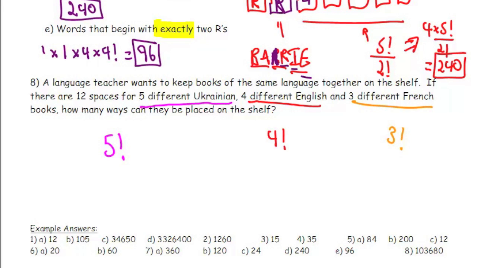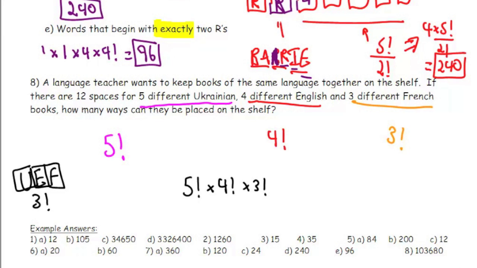They are distinguishable. So there's 5 factorial ways of arranging those. And if we take a look at our English books, and we'll make those red, there are 4 factorial ways of arranging those. And if we take a look at our French books, there are 3 factorial ways of arranging those. So the initial answer then would be the number of permutations is 5 factorial times 4 factorial times 3 factorial. However, we have negated one important feature here, and that's the idea that we have Ukrainian books, English books, and French books.